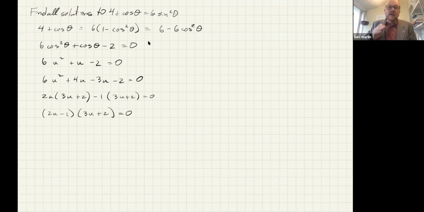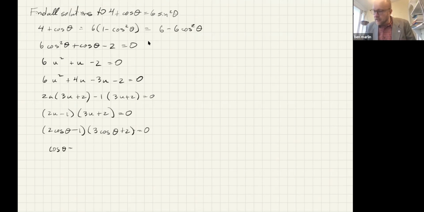Now, if you were not in need of that, you might very well have just directly gone ahead and said 2 cosine theta minus 1 times 3 cosine theta plus 2 quantity equals 0, all right? You should hopefully be in the habit of thinking of sines, cosines, and so forth as their own variables and be able to do that.